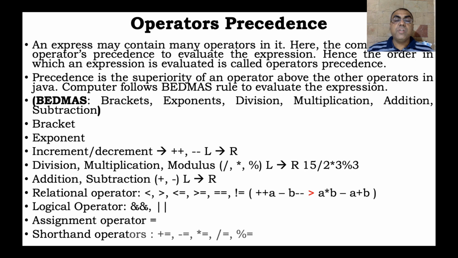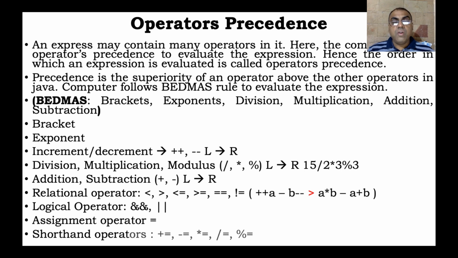Whatever operators we have learned so far: arithmetic operator, logical operator, relational operator, assignment operator, increment, decrement and shorthand. When most of these operators are given in the same expression, how the computer will evaluate is your operator's precedence. It means the order in which all the operators are evaluated in a given expression is called the operator's precedence.